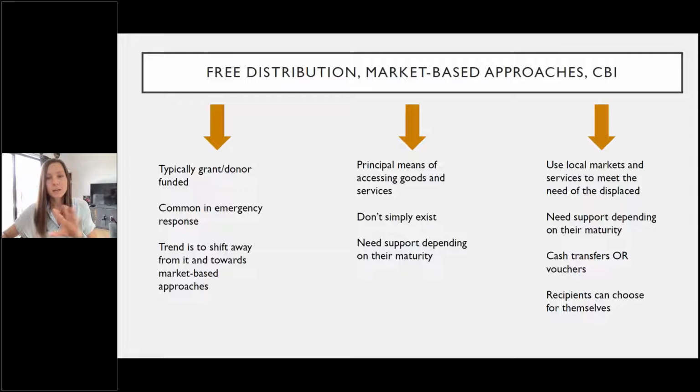And cash-based interventions fall under that market-based approach and provide either cash transfers or cash vouchers to the displaced so that they can make their own decisions about what energy solutions and cooking systems fit their needs the best. And again, market-based approaches and cash-based interventions is something that you're going to be hearing much more about today.